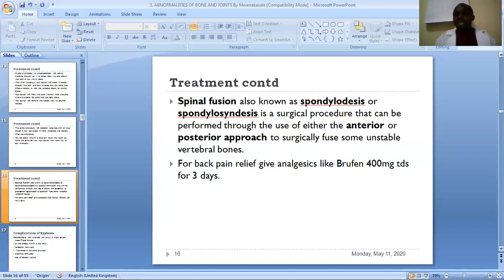Then you apply some pins and plates to hold those unstable vertebrae. Then after the procedure for back pain relief, give analgesics like ibuprofen in adults, 400 milligrams TDS for 3 days.